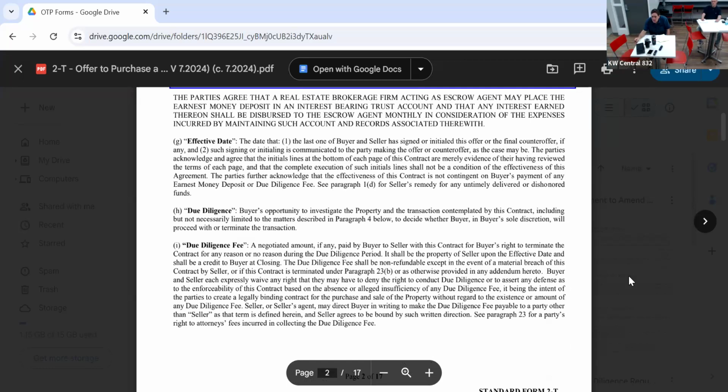Effective date. So, the date that the last one of the buyer and seller has signed or initialed, and such signing or initialing is communicated to the other party. For example, if you were negotiating back and forth and decided it's not going to be 5,000 due diligence money, it's going to be 7,000, and you made the change on the original offer and the buyers initial it but the sellers don't, we don't have a fully executed contract.